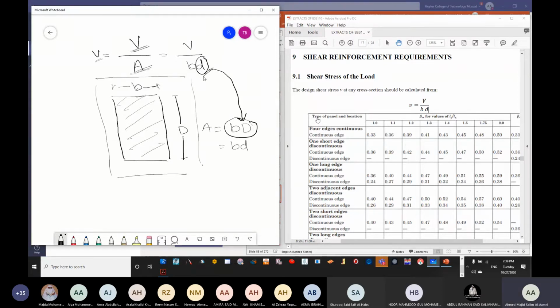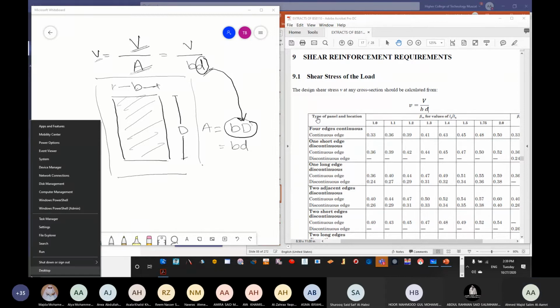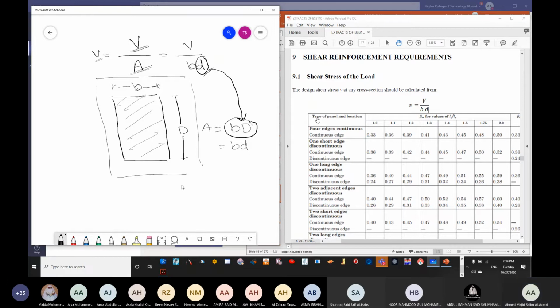Anybody who is having a class after this class? Yeah, the section says B into D capital only, not B into D small.